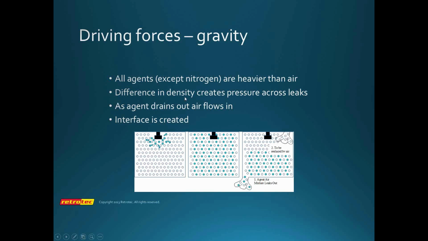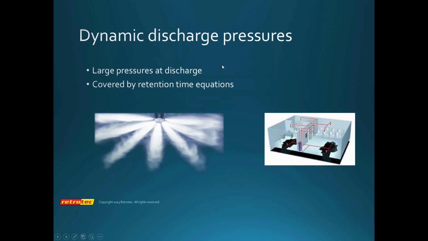Let's see. I'm not sure why I have this slide in here, except to talk about the confusion that we get with what's called dynamic discharge pressures and peak pressure.